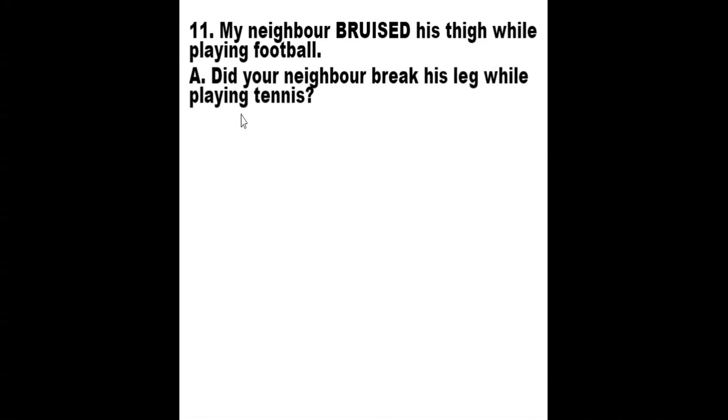Then this has to do with an opposing view. You know, assuming someone is saying that my neighbor broke his thigh, for example, but here it is bruised, not broke. You see, so we are just looking for a contrastive word, all other things being equal in the sentence. That's how to identify the correct option. So let's begin to look at the options.